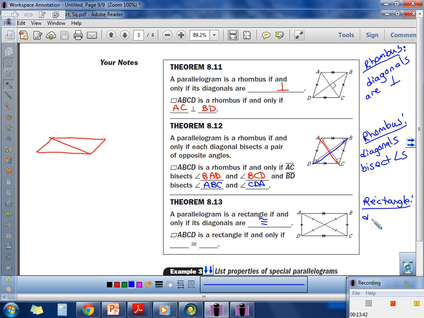So diagonals are congruent. So what are the 2 congruent pieces? AC and BD. Another shape that shares the same property is a square. It has the most symmetry.